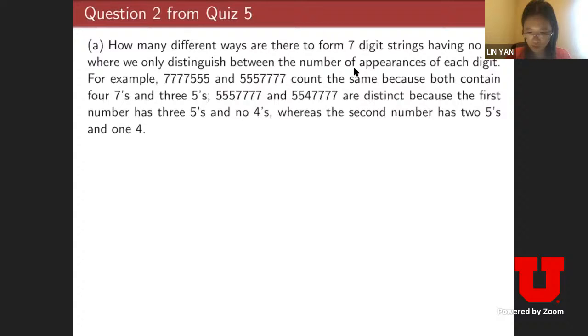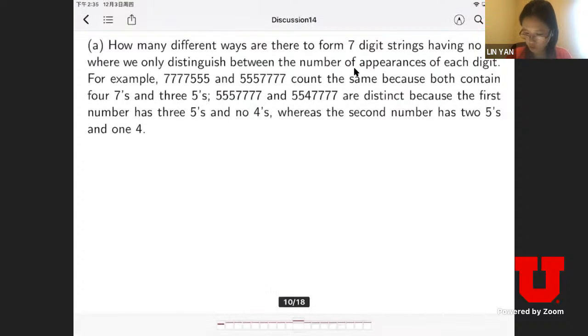First one is quiz 5, question 2. I think this is the hardest problem in this quiz. In this problem, we need to form a 7-digit string with 9 numbers, and the order doesn't matter. So we can rewrite the problem in another way.